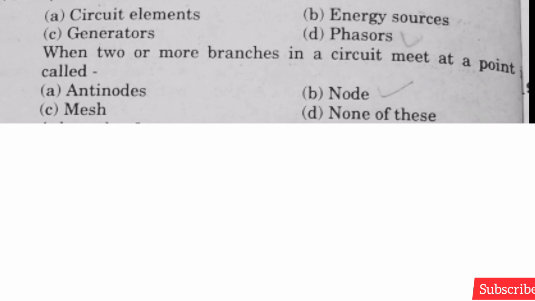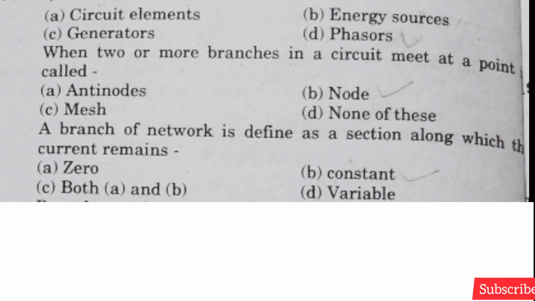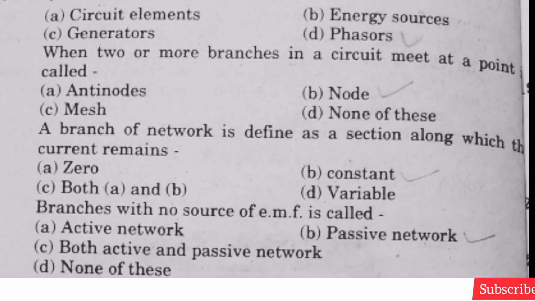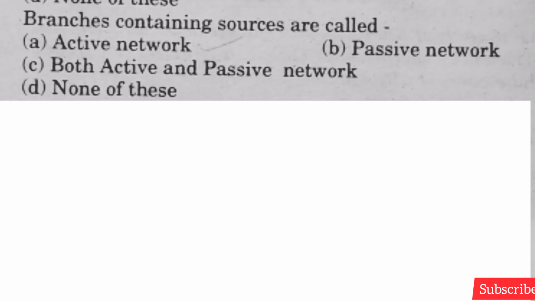Option D is right. When two or more branches in a circuit meet at a point is called node. Option B is right. A branch of network is defined as a section along with the current remains constant. Option B is right. Branches which no source of EMF is used. Option B is right. Branches containing source are called active network.